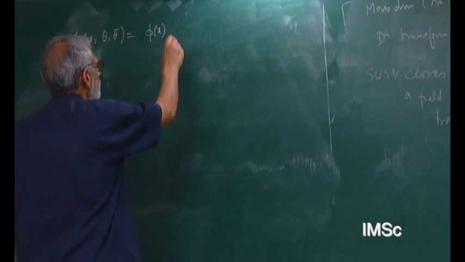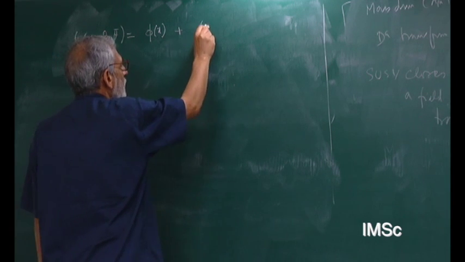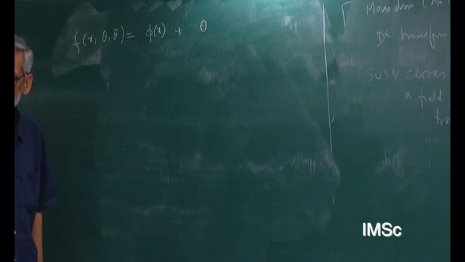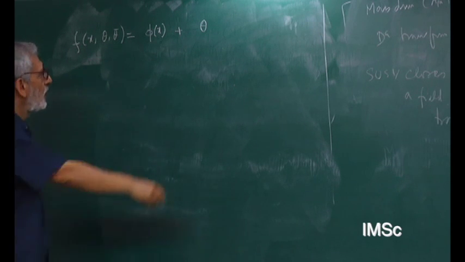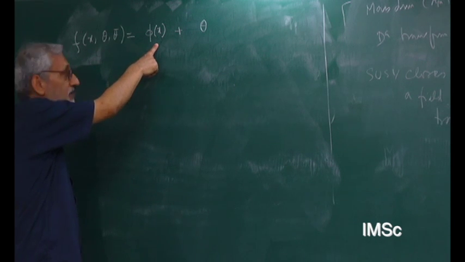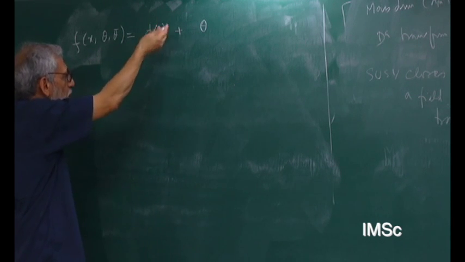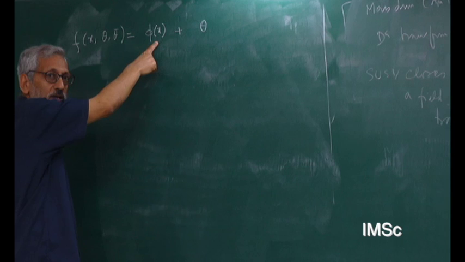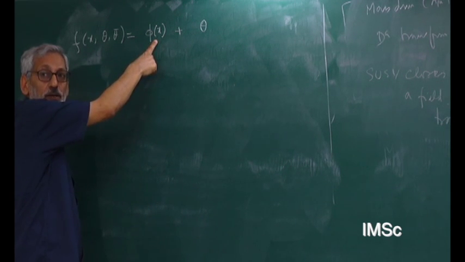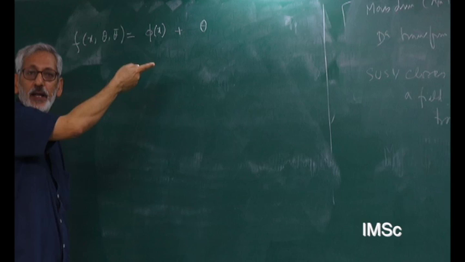Then something which depends on one theta. Phi of x is a bosonic field. It could be bosonic or fermionic. In the choice that I have made, it's a bosonic field, and I have made a choice that it is Lorentz invariant. It has no alpha index.